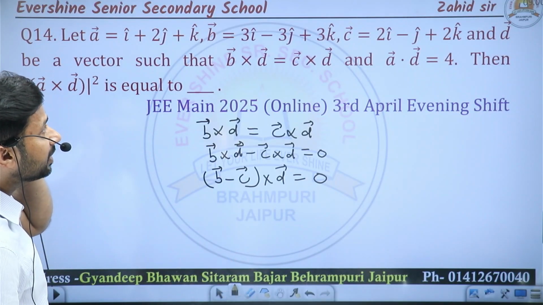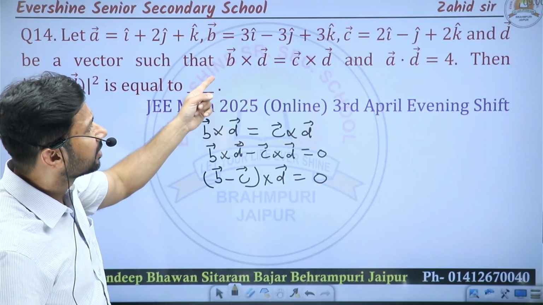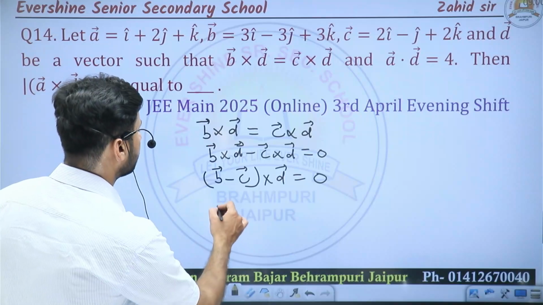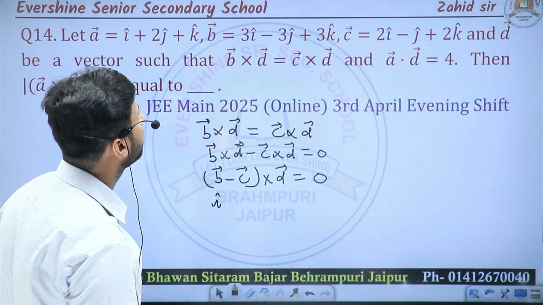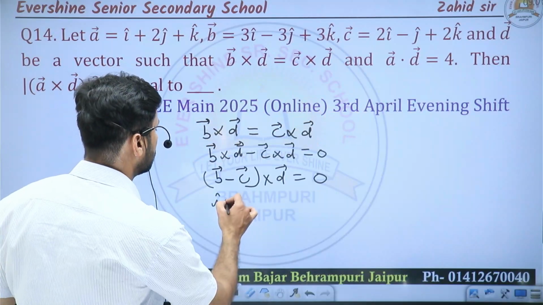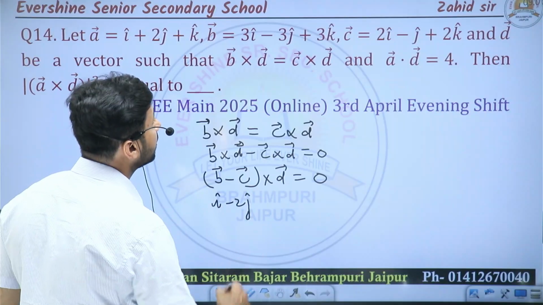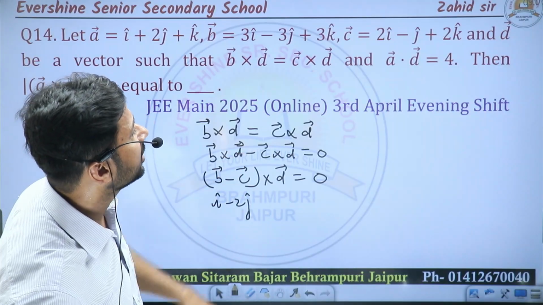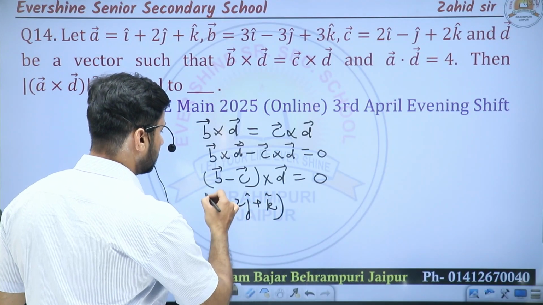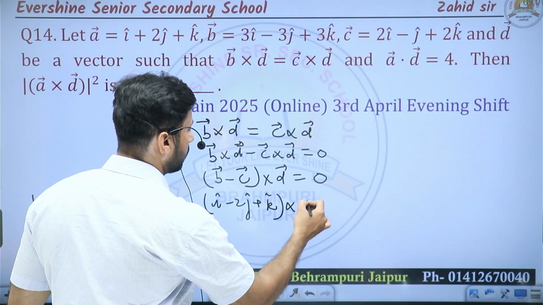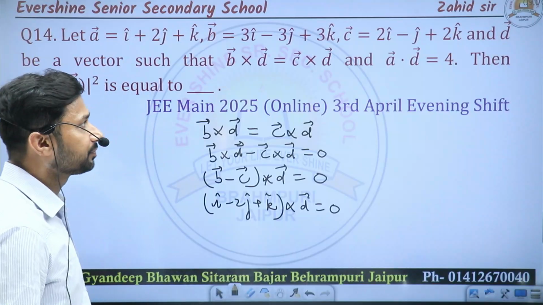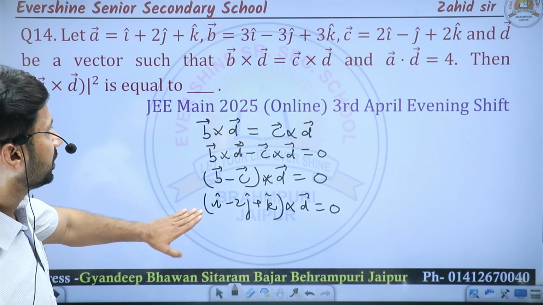Now I can find b minus c. B is given and c is given, so b minus c is 3 minus 2, 1 i cap, minus 3 minus of minus 1, that will be minus 2 j cap, and 3 minus 2, 1 k cap. So this is b minus c cross d equal to 0. This one is given to me.